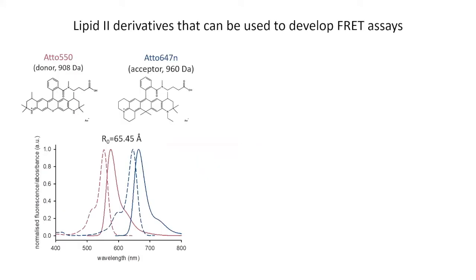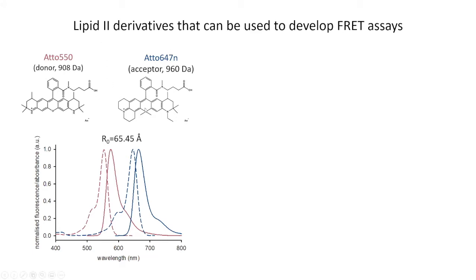We used FRET to develop this assay, and for that we need two probes, a donor and an acceptor. The emission of the donor has to overlap with the absorption of the acceptor. And if the two probes are sufficiently close, there will be emission of the acceptor when you excite the donor.